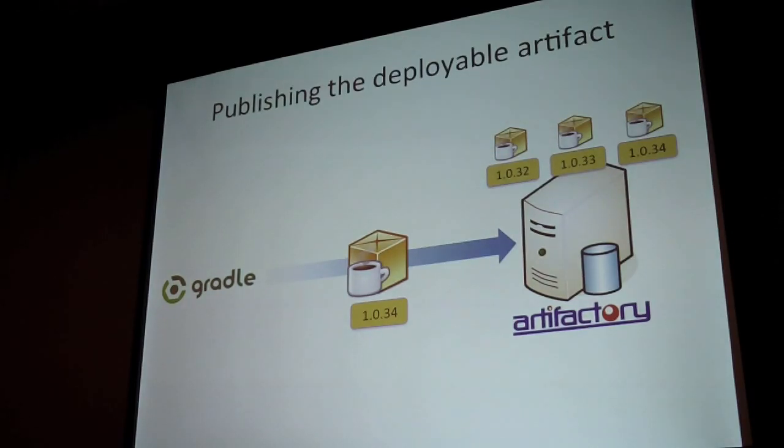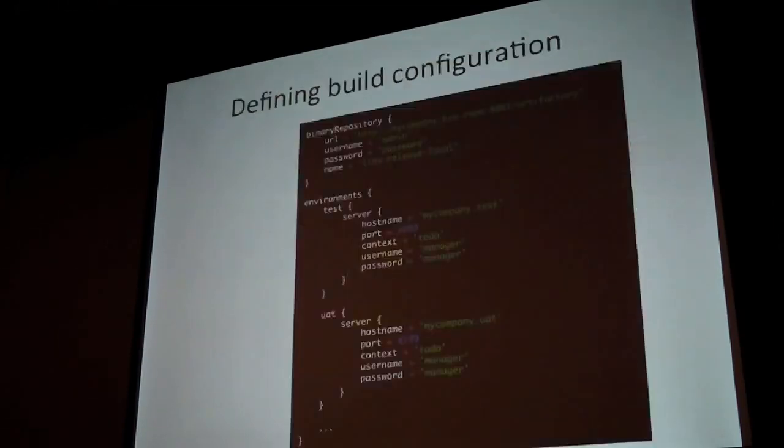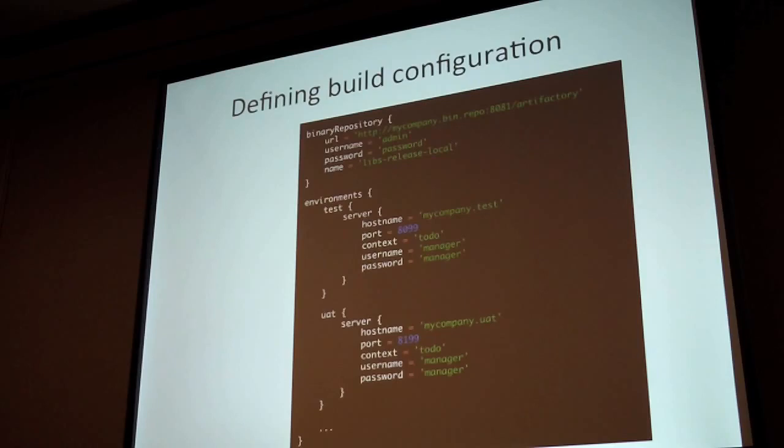So how do you, in your build, configure where this Artifactory server lives? You have to give it some properties which define, I want to push it up there, and it requires these credentials, or we want to push to this repository specifically. What I personally like to do is to use actually the same method that Grails does.